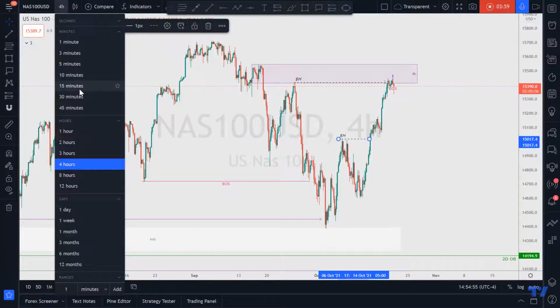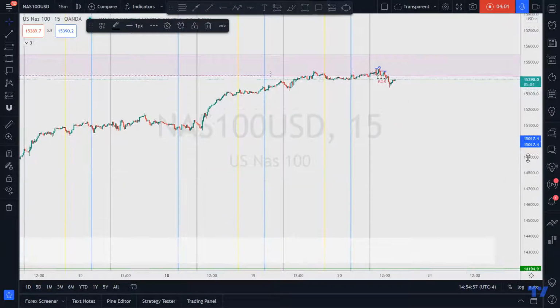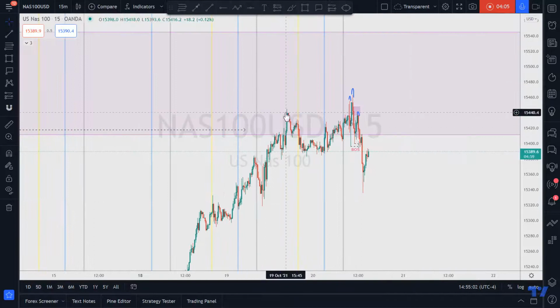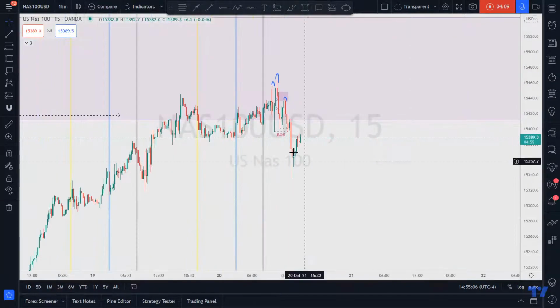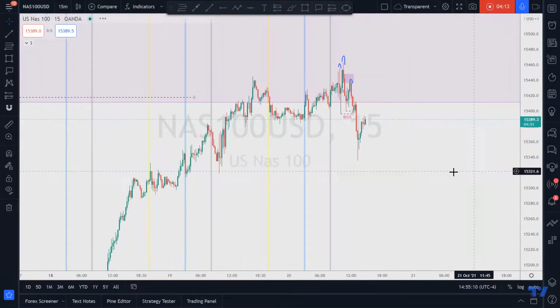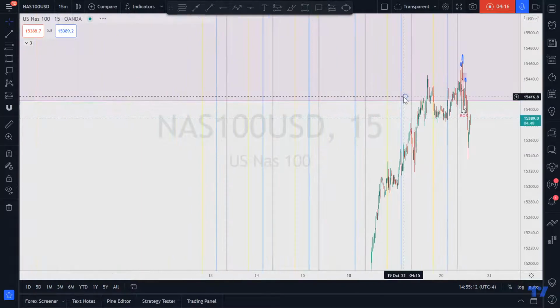Now, if we go down to the 15-minute, we're going to see what we are looking for. We always, when price reaches your POI, your point of interest, you're always looking for price to possibly reverse, right? And see this arrow over here.